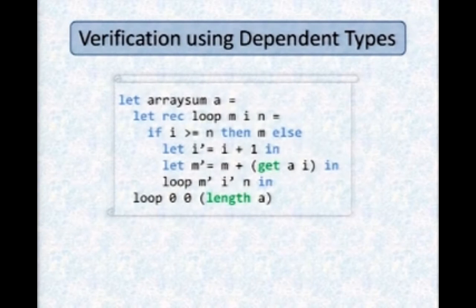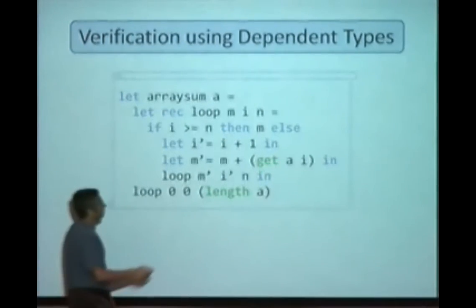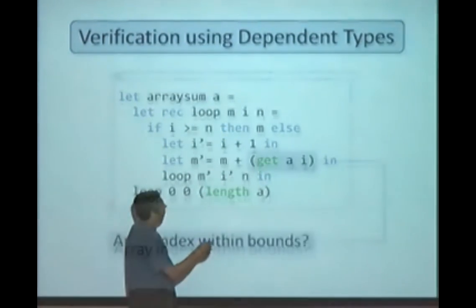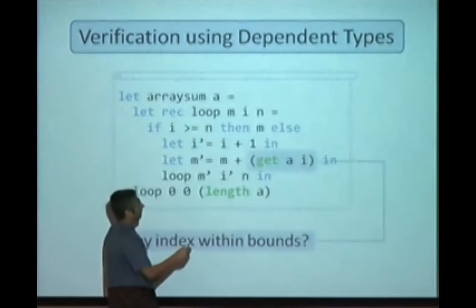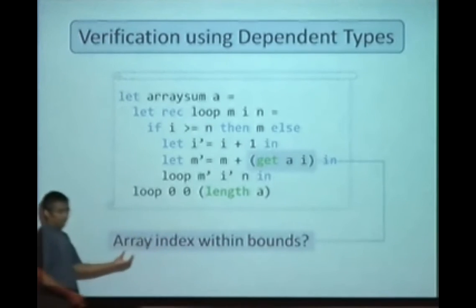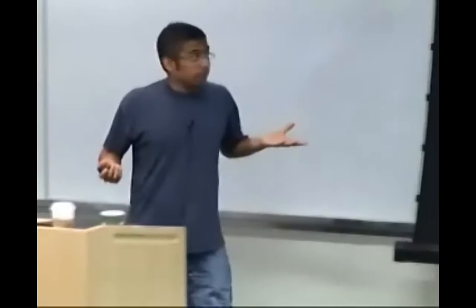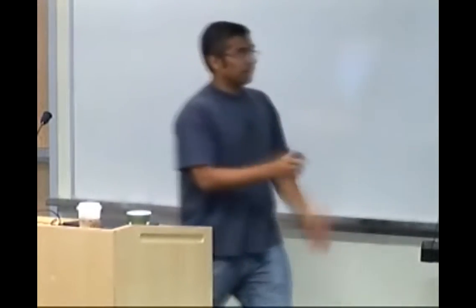Let's look at another example. Here is some program. It doesn't really matter what it does. Just look over here. This is an array access. A is some array, I is some index, and get A I means look up the array A at the index I. How do we know that this index I is within bounds? That is, that it's between 0 and the length of the array.